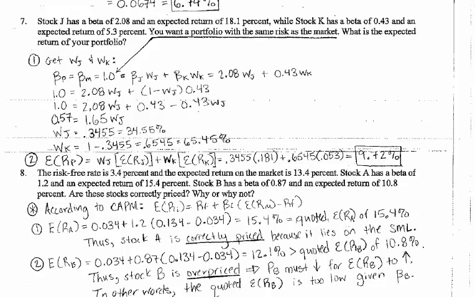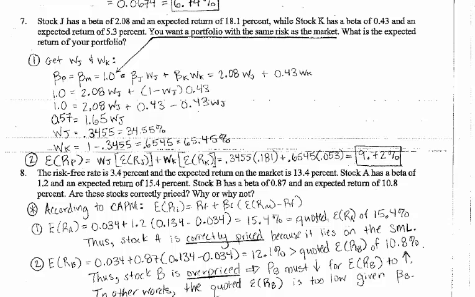So now that we got the weight of J and the weight of K, we'll plug those in, and they told us the expected returns, which were 18.1% for J, and 5.3% for K. So we will add up those weighted returns, and we're going to get 9.72% for expected return for the portfolio.